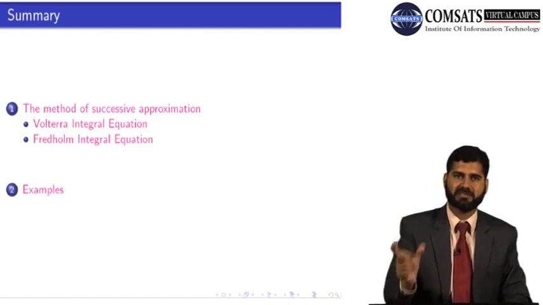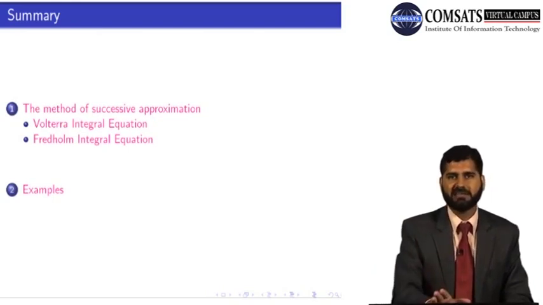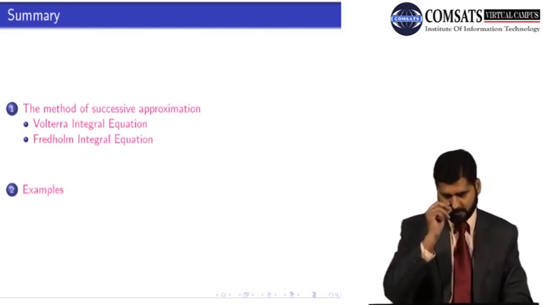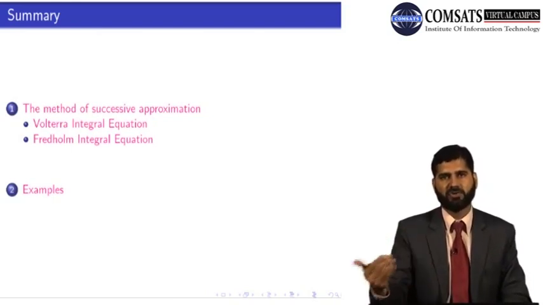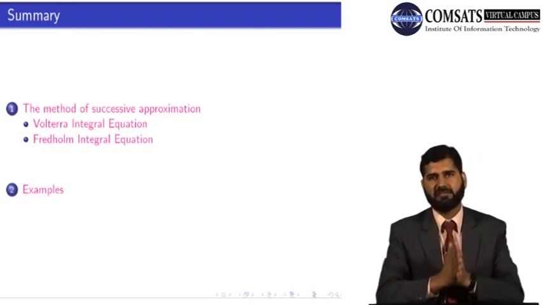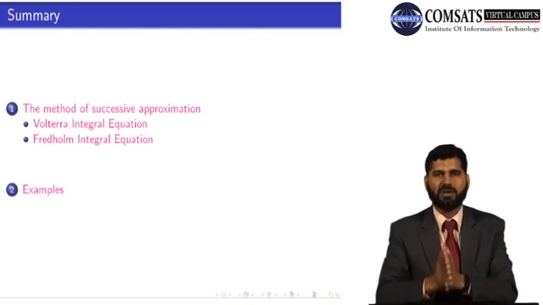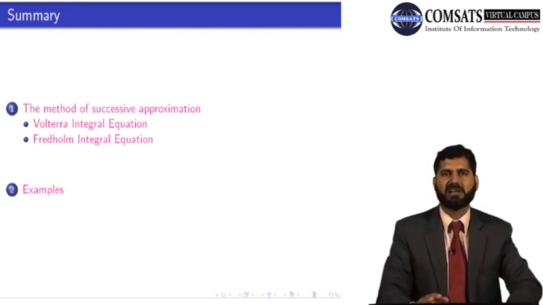Picard suggested that the first approximation should be f(x). By taking that, we built u1, u2, and u3. So in examples, we directly find k2, k3, and so on. We replace them into the resolvent kernel formula, find the resolvent kernel, and then your solution is right there.